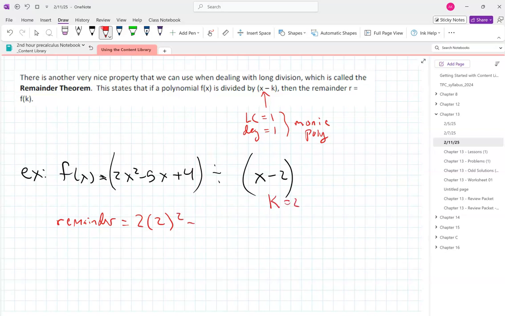I can take that value for k and plug it in here. Or I could do it as a long division problem.